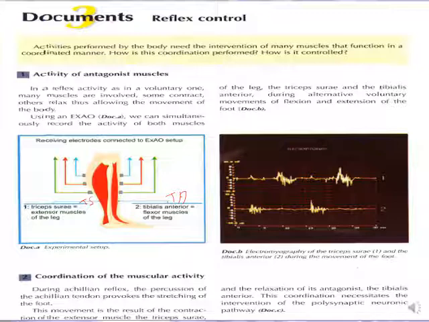Document B shows the electromyography of the triceps surae, number 1, and the tibialis anterior, number 2, during the movement of the foot. This electromyogram shows that during flexion, the tibialis anterior contracts while the triceps surae, number 1, relaxes.